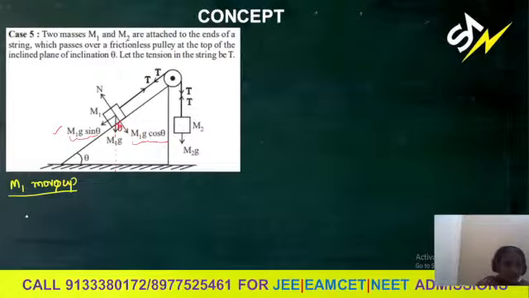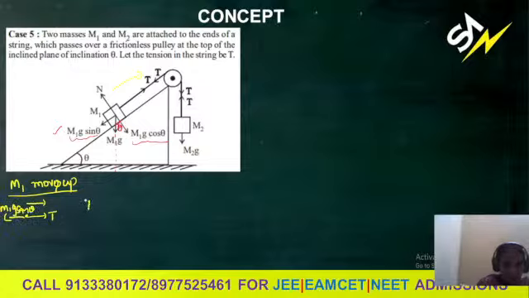So just to draw the free body diagram of M1, when it moves up, along the direction of motion, moves up means in this direction, tension T is there. Opposite to that, T is balanced by M1G sin theta.